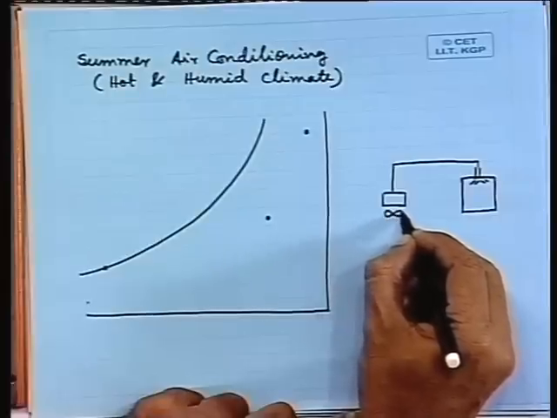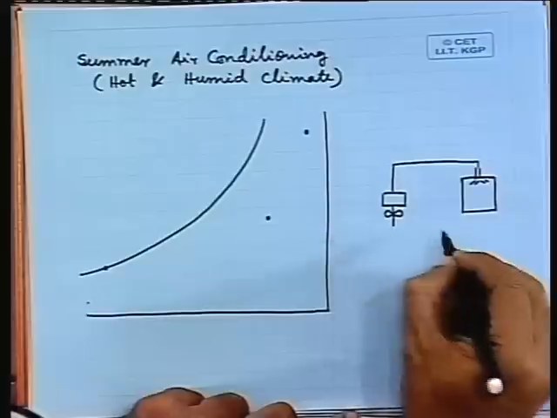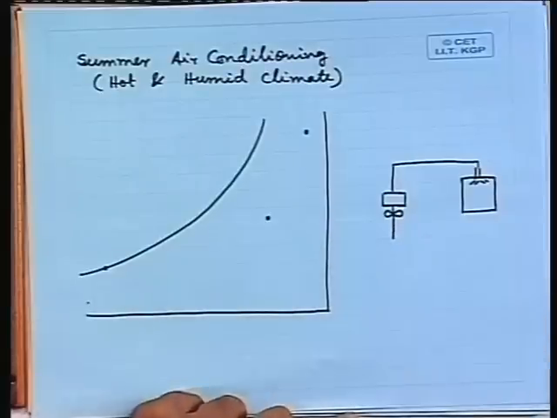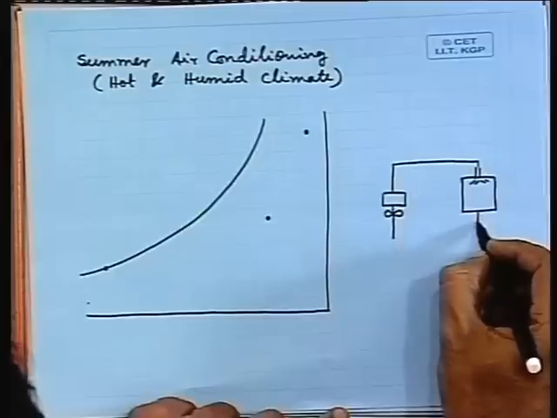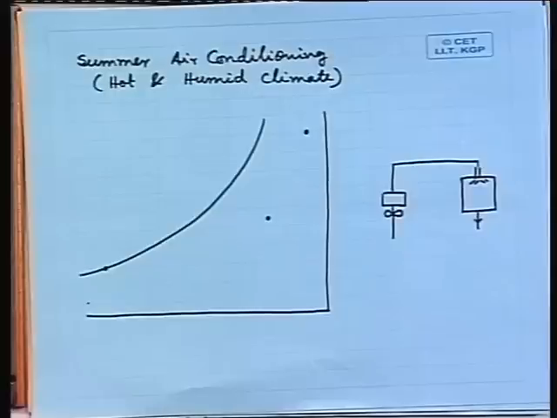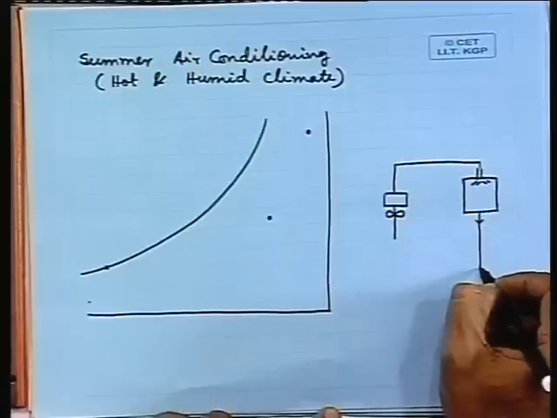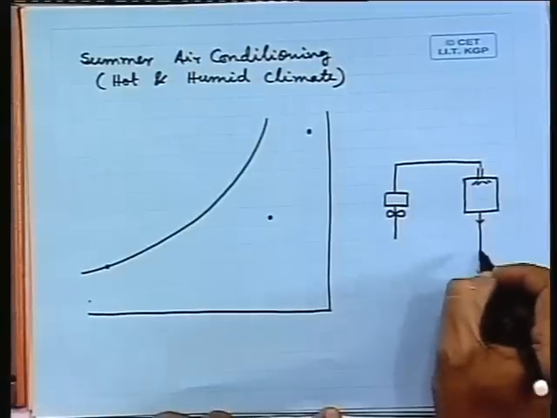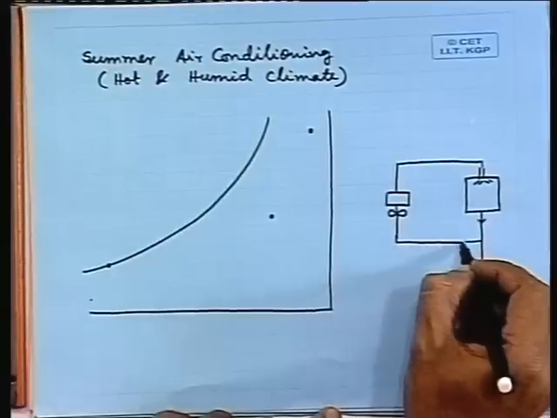To have this, one should have a fan, and then of course, from the room this air has to be extracted. Part of it will go to the atmosphere and part of it will be recirculated back.